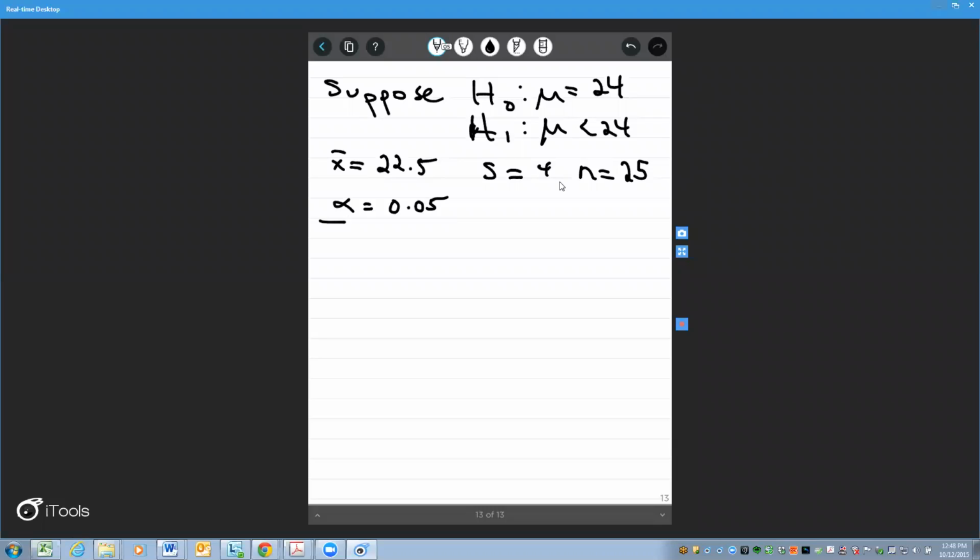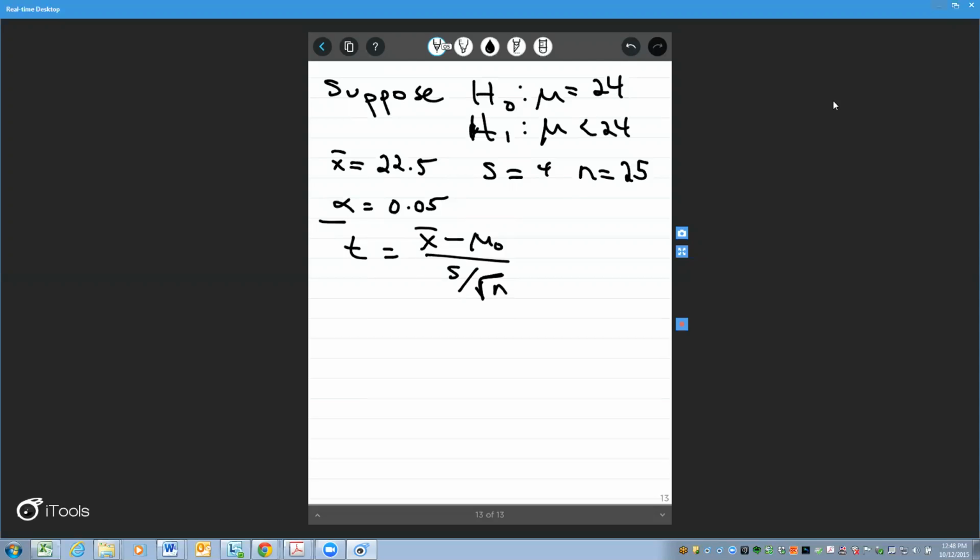No matter what approach we take to doing this hypothesis test, we will always need to know what the t statistic is. So as our first step, we calculate t as x bar minus mu naught over s over the square root of n. Mu naught, remember, is the hypothesized mean.